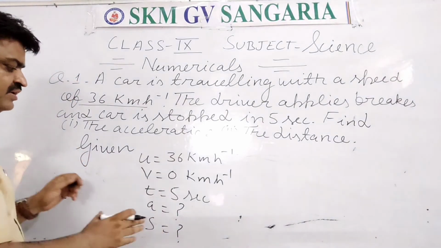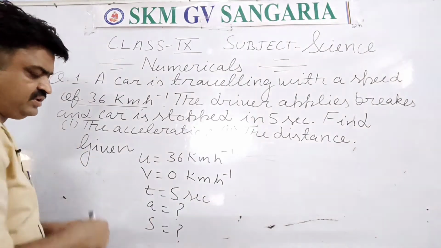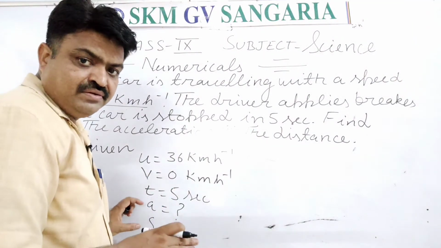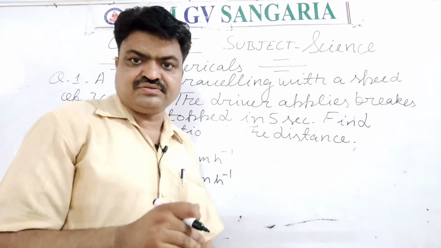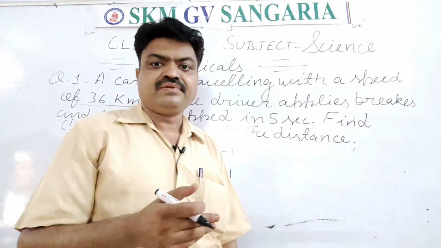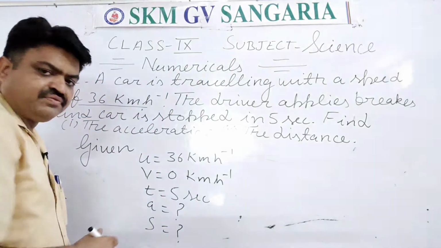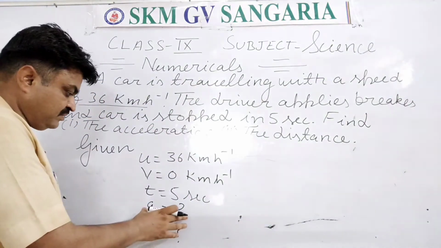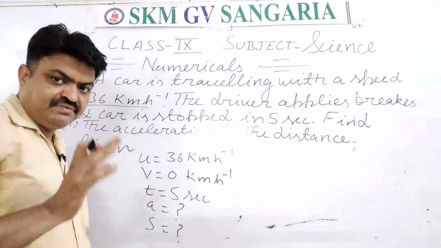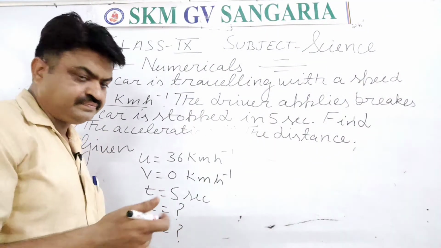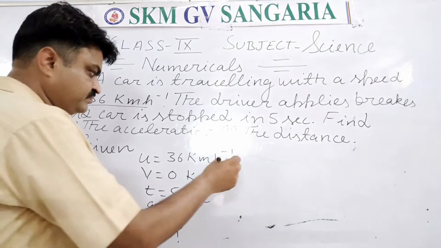These are the given quantities and the quantities to find. If you write these given quantities in your answer, students, then you get marks for writing them, so you should write it.